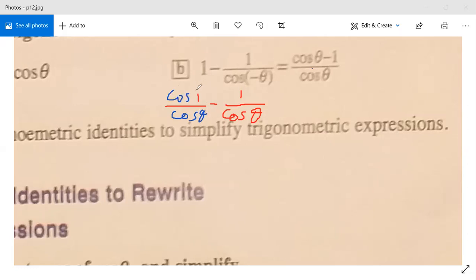Do you have a problem now? No? Okay. Now you have the same denominator.